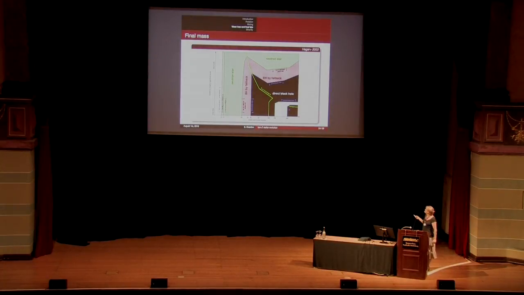I show here a very well-known plot by Alexander Heger and collaborators, where you have the metallicity from 0 to about solar going up here, and here you have the initial mass, and you see what kind of fate to expect for the star.